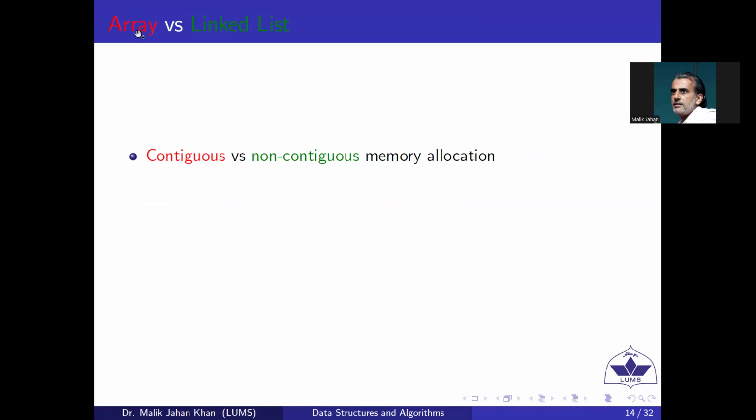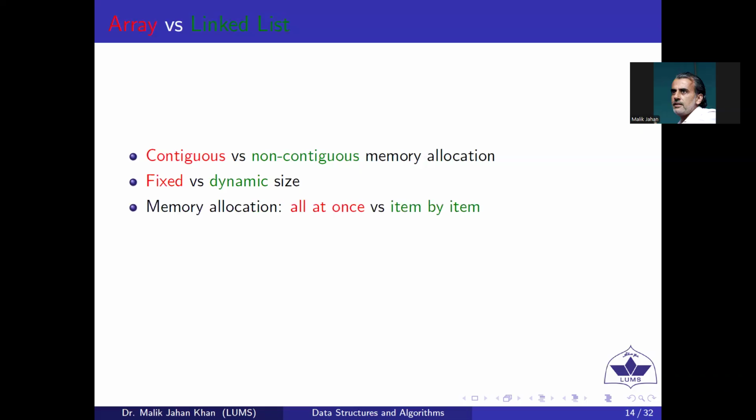Array is a collection of items, and all items are placed next to each other in memory. A linked list is a non-contiguous memory allocation, which means that all those objects can be scattered anywhere in memory. An array usually has a fixed size, whereas a linked list is a dynamic size data structure. In an array, all items are allocated memory space all at once when we create the array. But in a linked list, items are given memory item by item as we need.